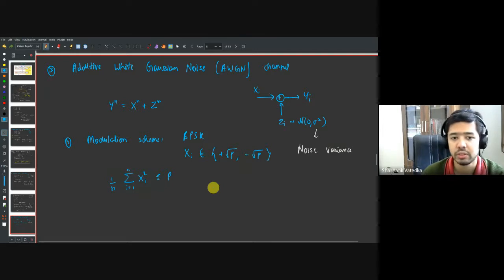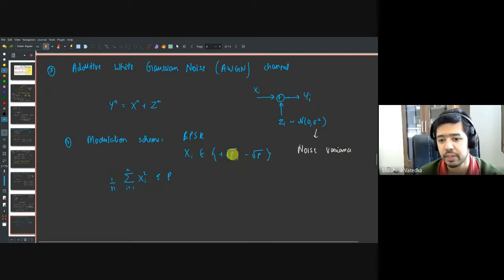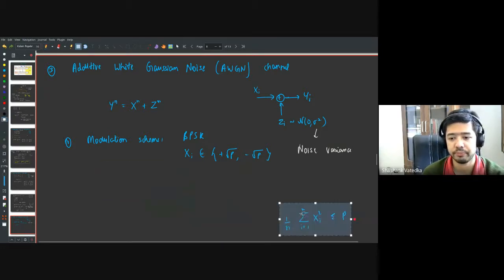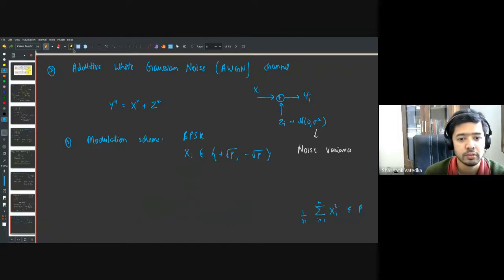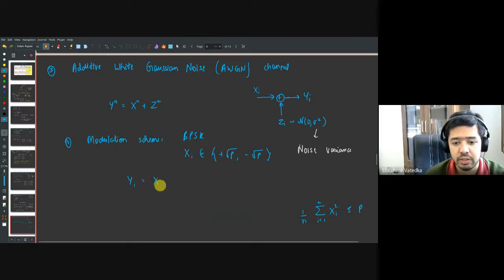So the input can take one of two values, and each yi is xi plus zi, where all the zi's are independent, identically distributed, IID Gaussian with mean 0 and variance sigma square.